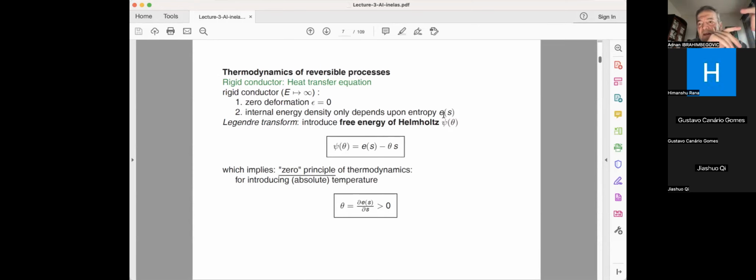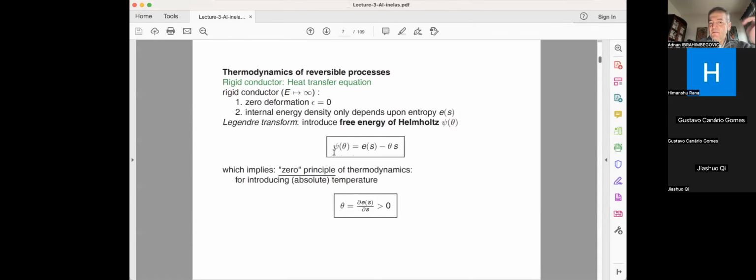But it's actually more handy to not use entropy as a state variable, but rather the temperature. This can be accomplished by using the so-called Legendre transformation and basically exchanging between the free energy of Helmholtz and this internal energy.